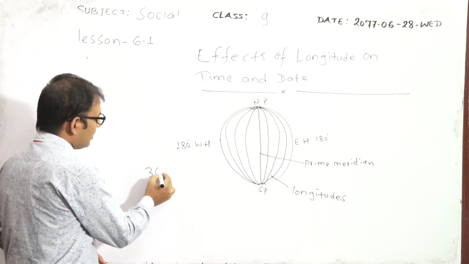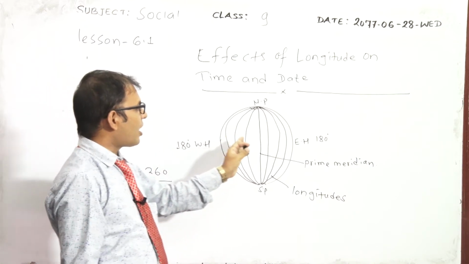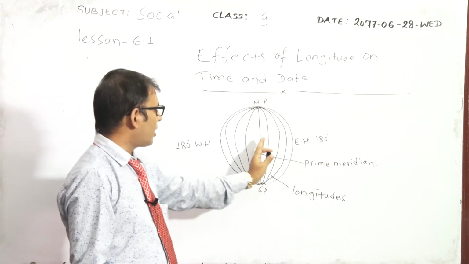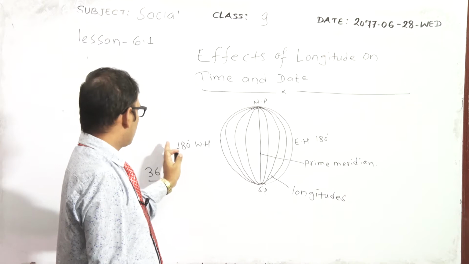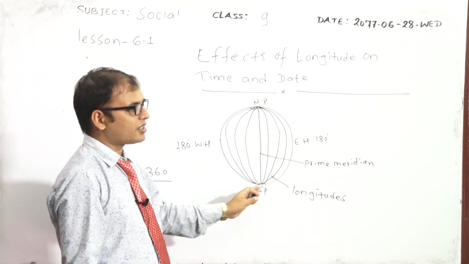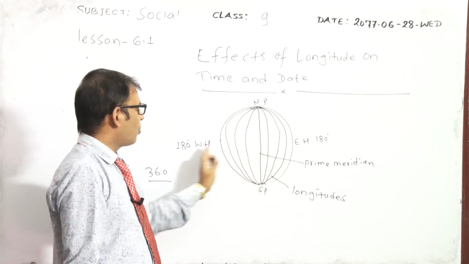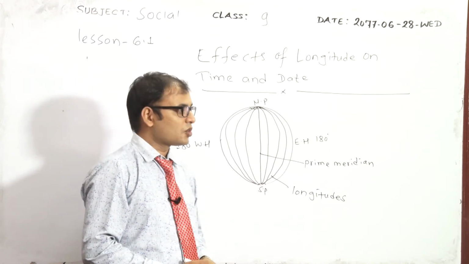There are altogether 360 longitudes, out of which 180 will be in the eastern hemisphere and 180 will be in the western hemisphere. So the longitudes make the angular distance to the east and to the west of the prime meridian.